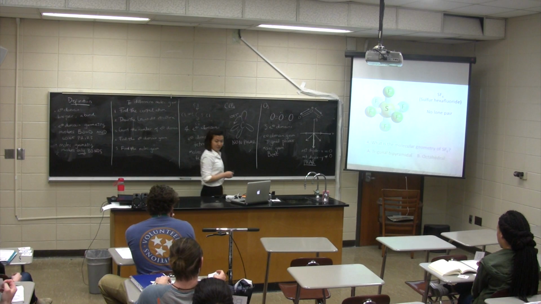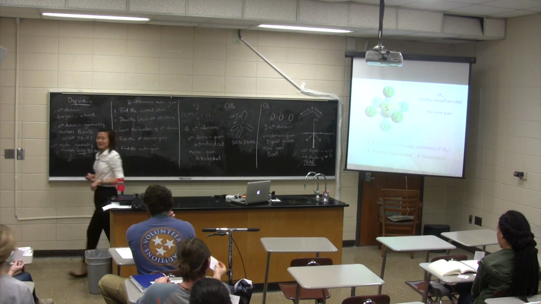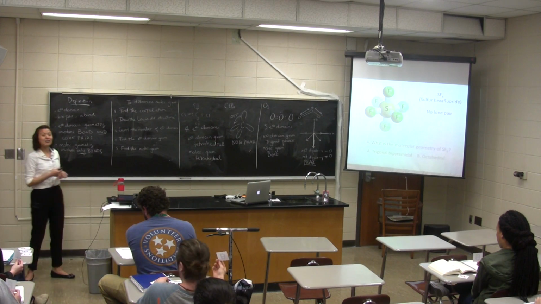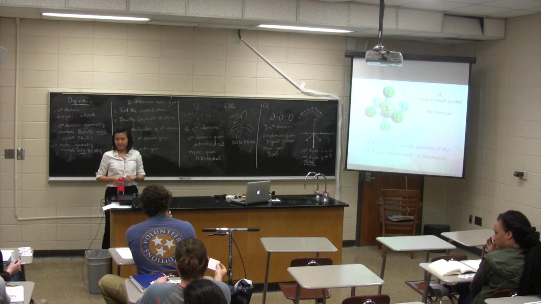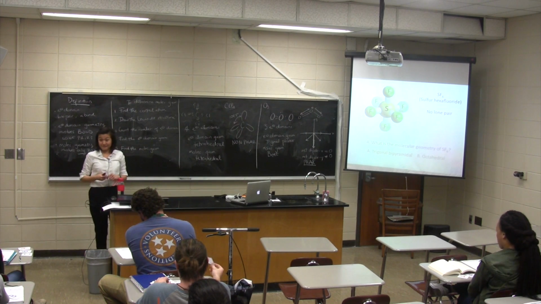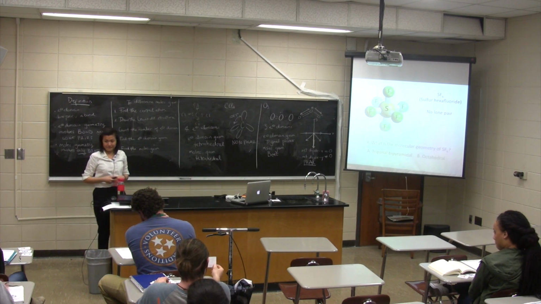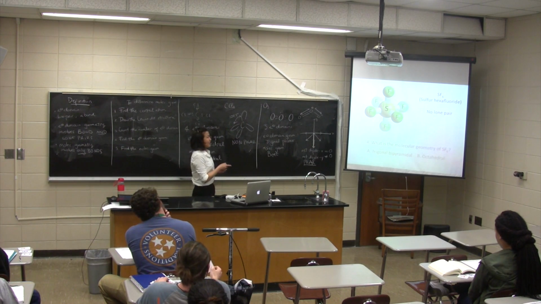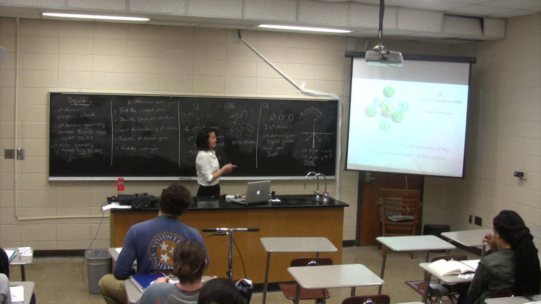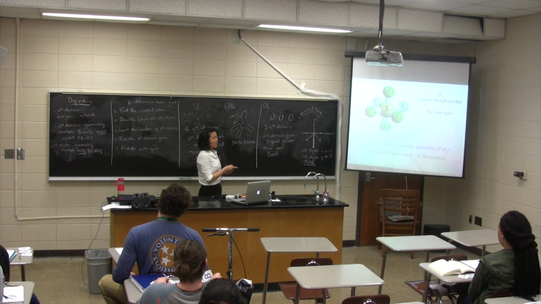All right, Kadrian, you show B. Why did you decide on B? Because 6 bonds around it, that's the shape. So it has 6 bonds around it, and it has no lone pair.